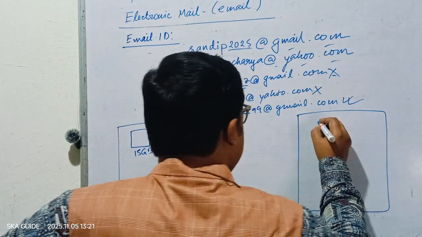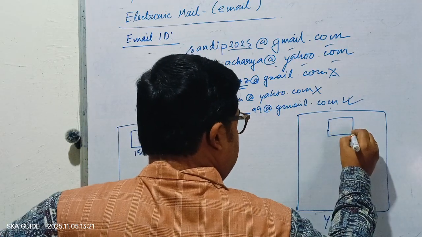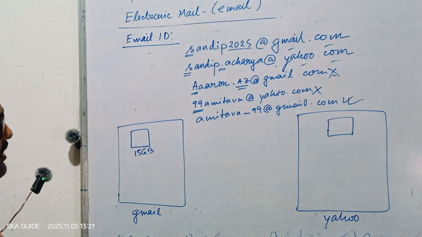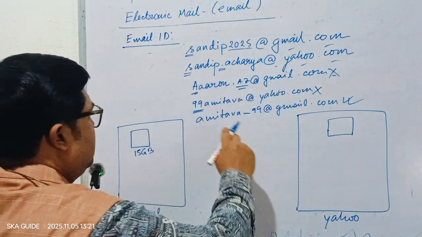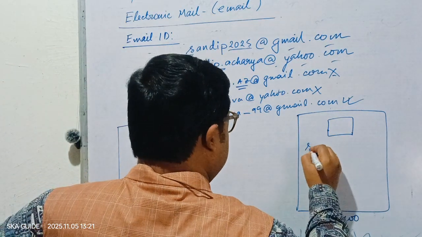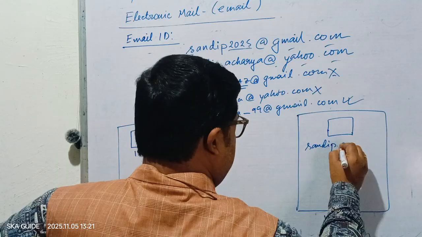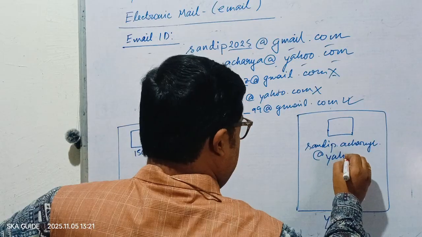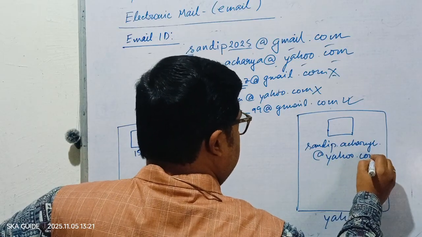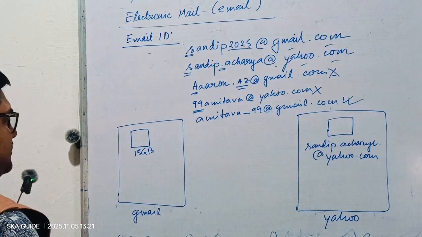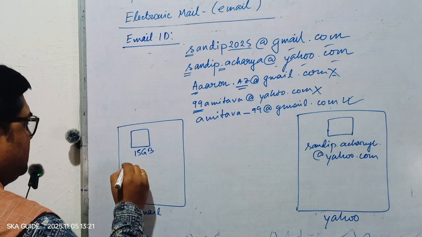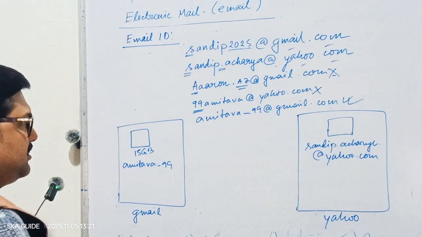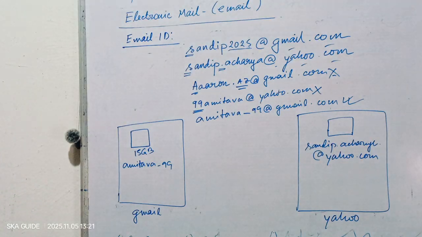Like Yahoo, if you have a Yahoo mail ID, then Yahoo is also providing you a space. Like this one, Sandeep.Acharya at the rate yahoo.com is providing you this much space, and Amitabh underscore 99 at the rate gmail.com is providing you this space, right?